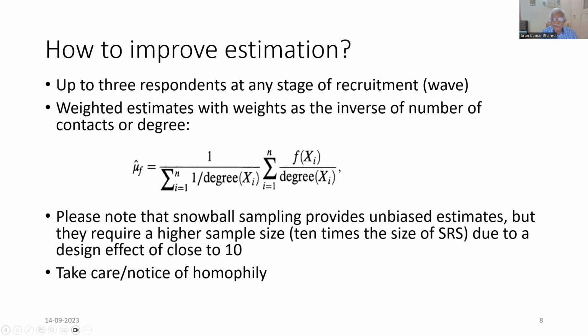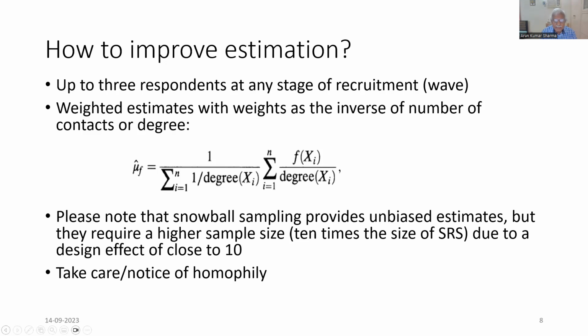Please note that snowball sampling provides unbiased estimates, but they require a higher sample size. Why? Because the variance is large. And it has been found in simulation studies that the variance of snowball sampling can be 10 times the variance of simple random sampling.